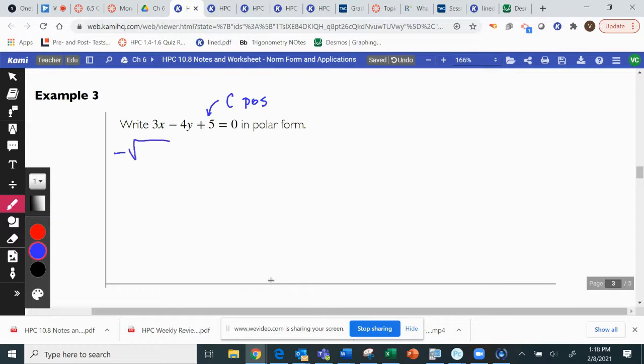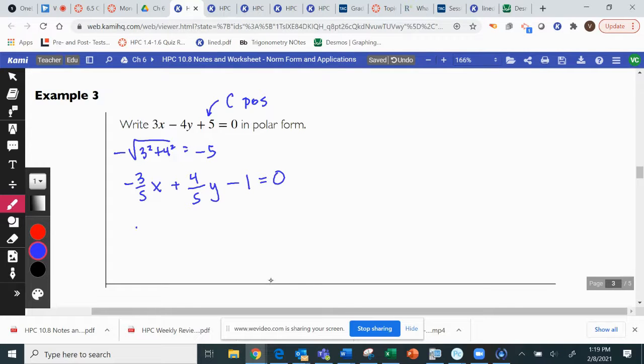It's going to be opposite of whatever the c value is. And I'm doing 3 squared plus 4 squared, so I get negative 5. Then I'm going to divide everything by negative 5. So after I divide everything by negative 5 and I simplify, I get negative 3/5 x plus 4/5 y minus 1 equals 0.